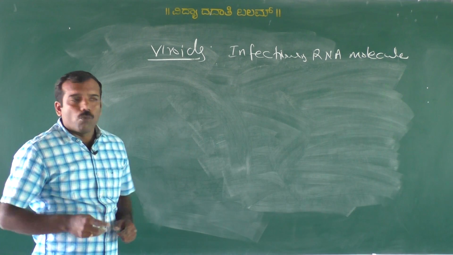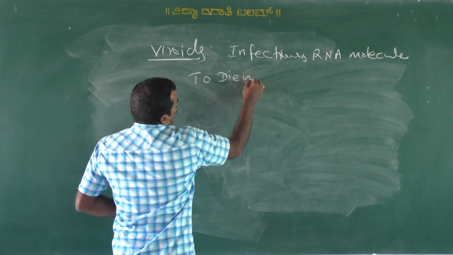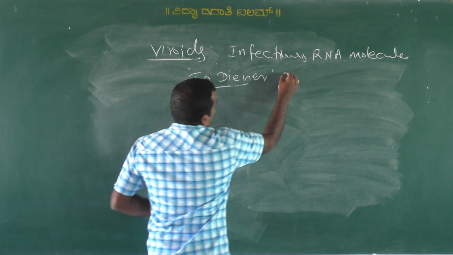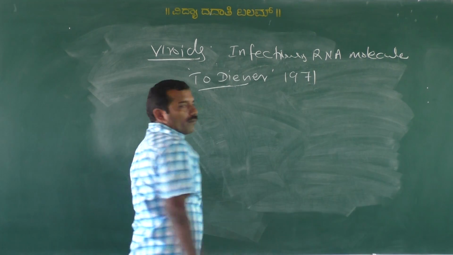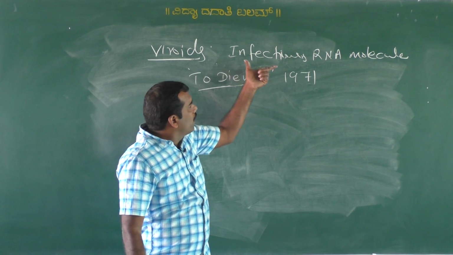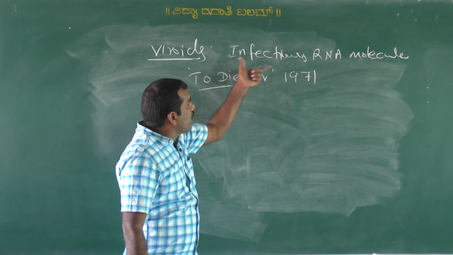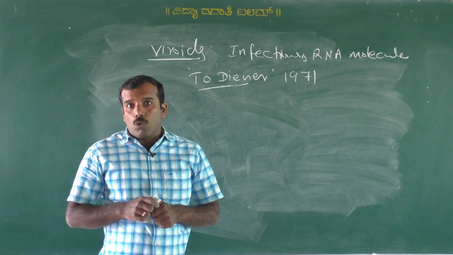So they are called viroids, discovered by T.O. Diener in 1971. It is an infectious RNA molecule without the protein coat.